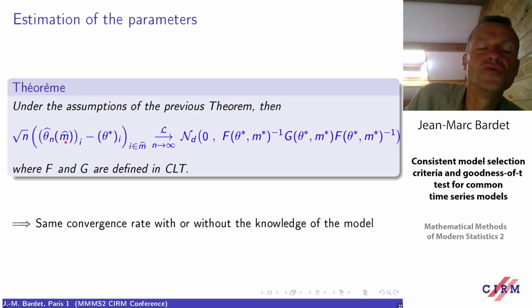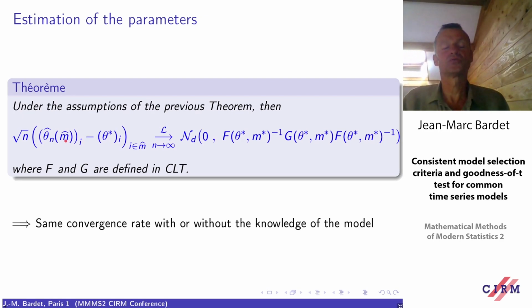That is, whether we work on the full model or on the optimal selected model, asymptotically there will be no difference. We could also obtain the same central limit theorem. So we lose nothing without the knowledge of the model.